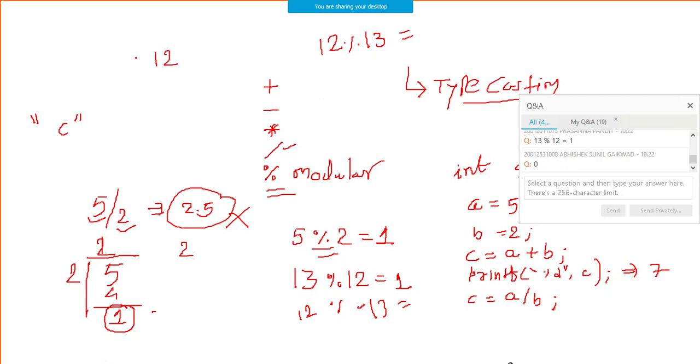Suppose you do 12 divided by 13, right? 13 cannot divide 12. So what we put here is 0. And so what is the remainder? 12. The remainder is 12. So the answer is 12.